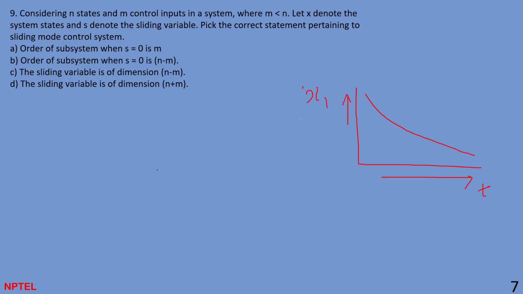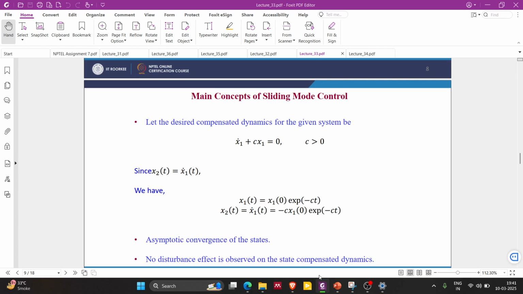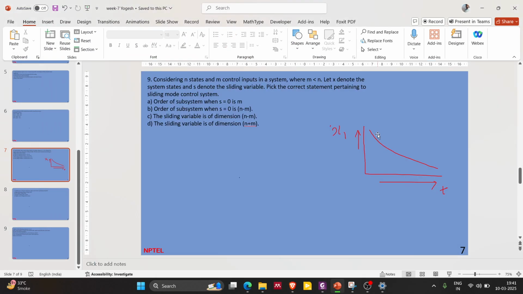This is state one, and you want your system to behave like x1 dot plus c x1 equals 0, because when you integrate it, you get x1 at the initial condition times exponential of minus ct. If you plot this on a graph, it will look like this, and that's what you want. You want it to decay at a particular time t, not explode.